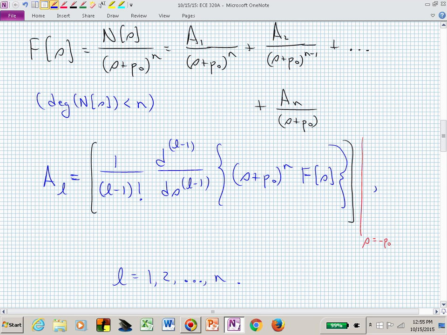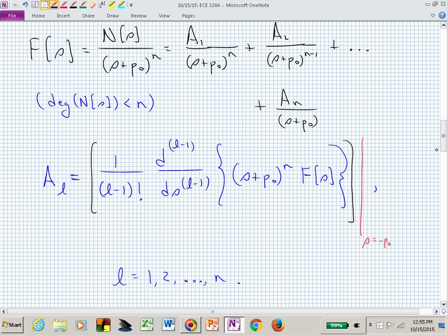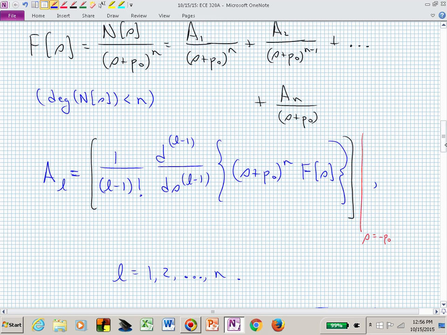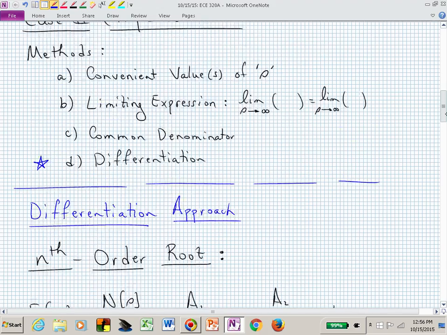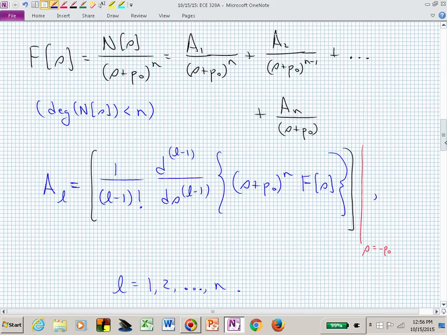Question? Yeah, when would you want to use this? Personally, I seldom use this, but I wanted to present it since it's in the book, because we typically don't have too much in terms of powers of a repeated factor.